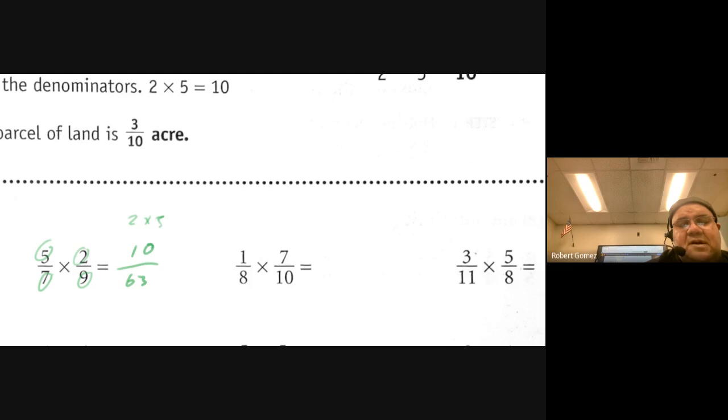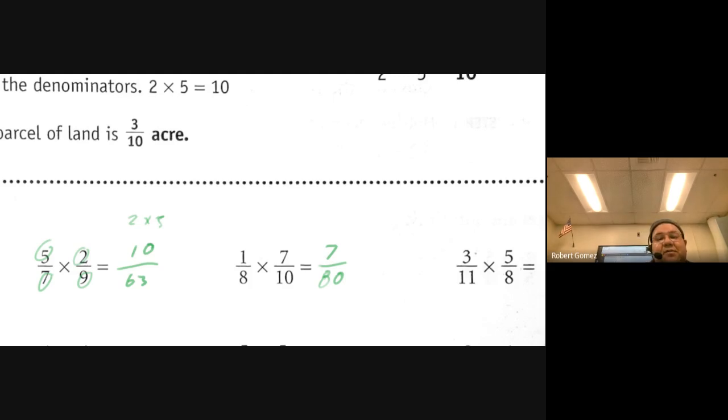Okay. So now we have 1/8 times 7/10. And so 1 times 7 is 7. 8 times 10 is 80. We ask ourselves, can we reduce that? And the answer is no, because 7 is a prime number, so it's not going to really work with anything else.